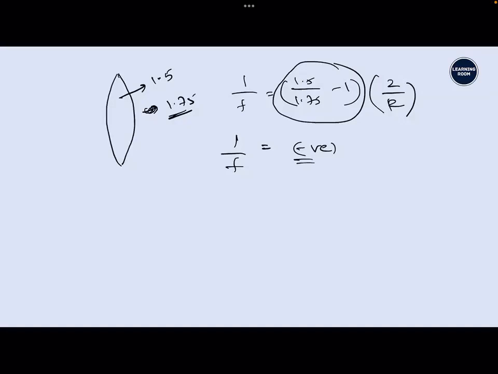This is actually the first property of lens makers formula. Write it down. If a lens of given refractive index is dropped into a medium of greater refractive index, the nature of the lens will change.